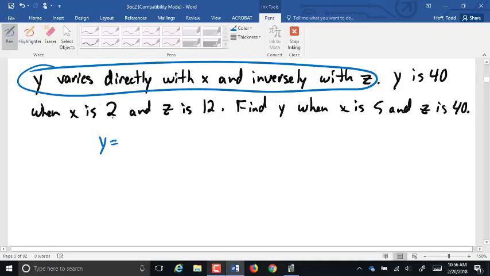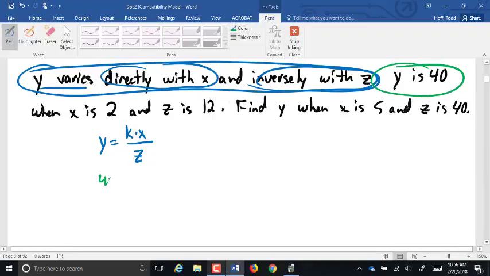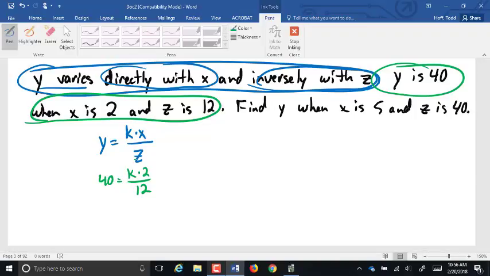Y varies directly with x. So that's the constant times x, because directly means you're multiplying the constant. Perfect. And inversely with z means it's divided by z. Perfect. So y is 40, so we put 40 in there. X is 2 and z is 12, so 40 equals k times 2 divided by 12.